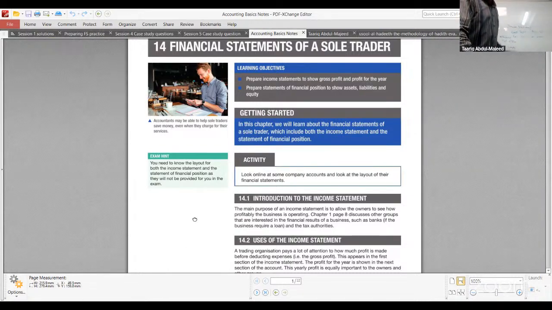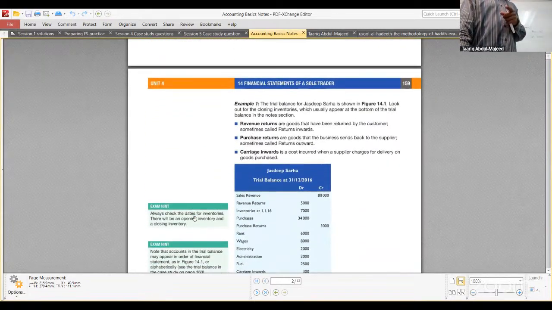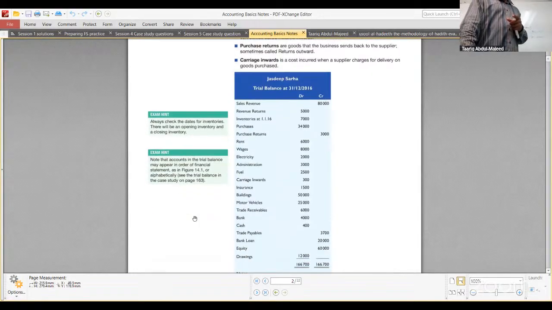So now it mentions the uses of the income statement. That's all well and lovely. But then it shows us we have an example.